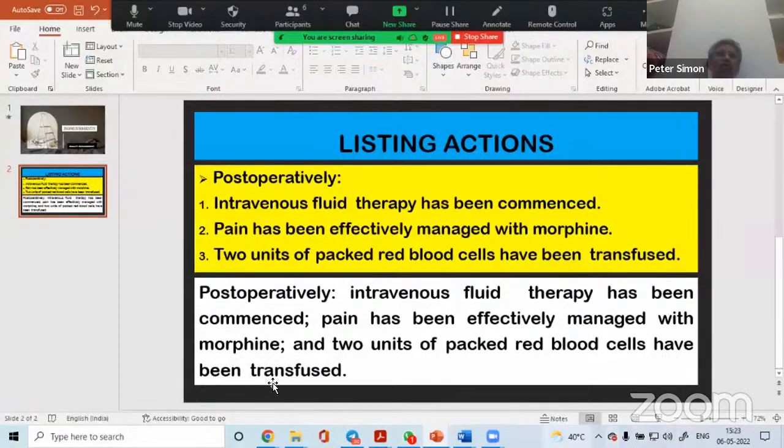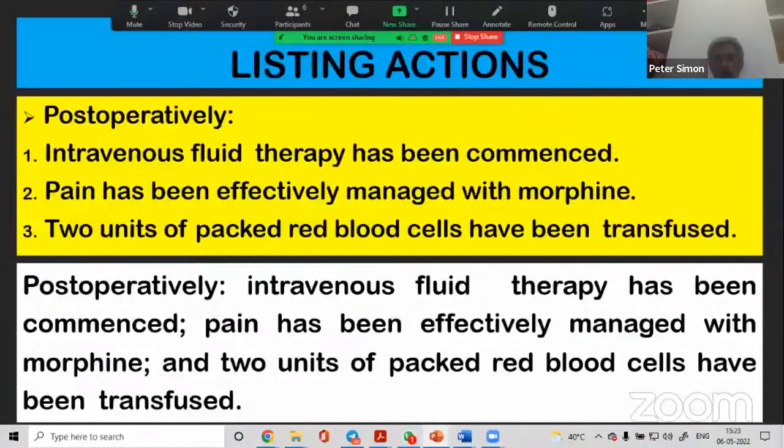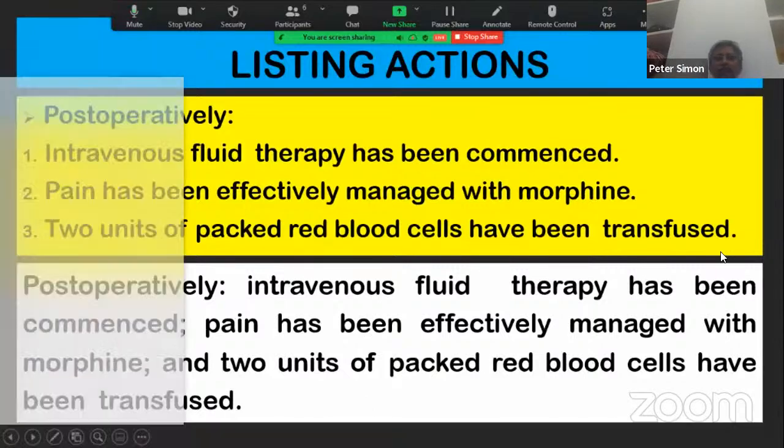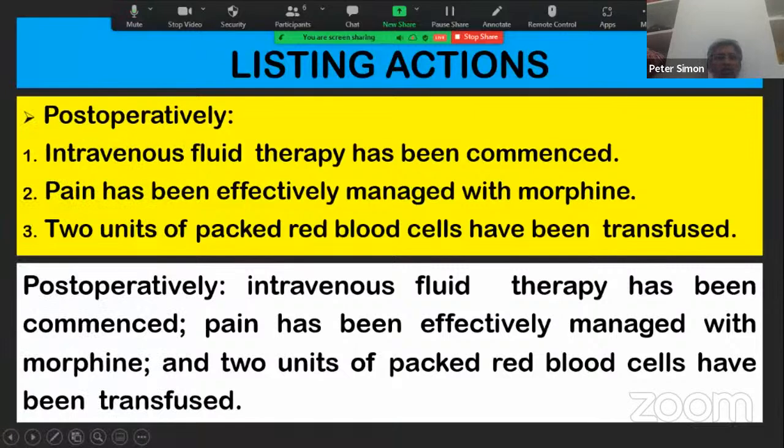So this is called listing things together. Post-operatively, number 1, intravenous therapy has been commenced. Pain has been effectively managed with morphine. And 2 units of packed red blood cells have been transfused.